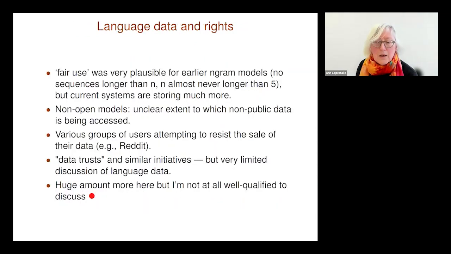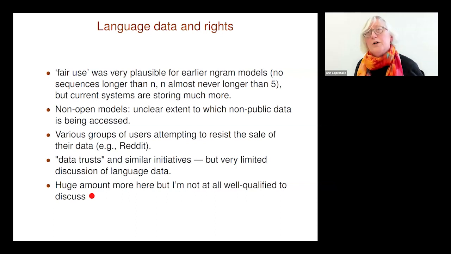There's also something which I am aware that I don't know nearly enough about, but the rights to the information layer. This is clearly going to be very important over the next couple of years, working out what's exactly going to happen with copyright law and so on. And clearly there's a lot of people trying to resist the sale of their data, for instance.